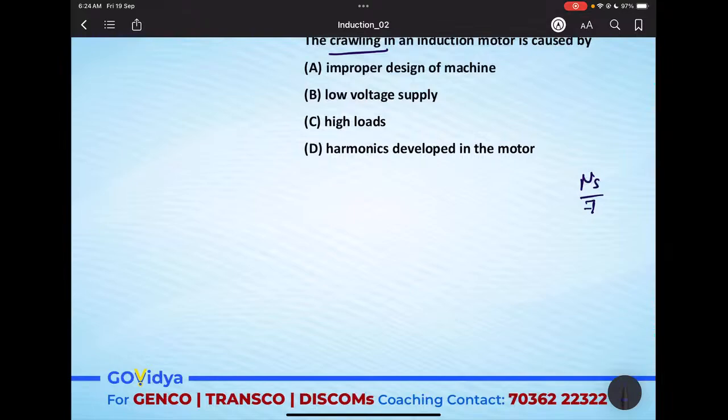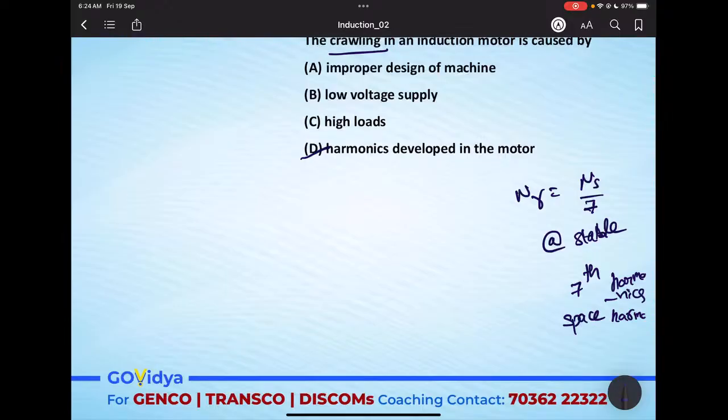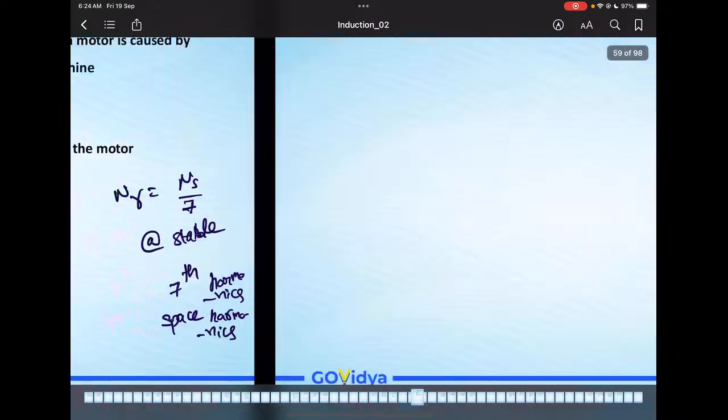When the induction motor speed is Ns/7 and it is running in stable operation, that condition is called crawling. The main reason for crawling is harmonics, specifically 7th space harmonics. This we already discussed. Let's move on to the next question.